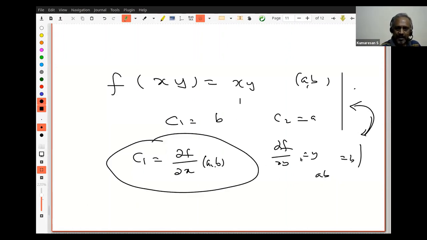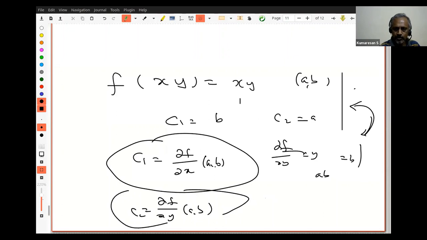And similarly, del F by del Y at AB is C2. In the beginning of the lecture, I did this. Did you observe? So without doing a lot of computation, I could have used partial derivatives to quickly write down what C1 and C2 should be. Do you understand this?